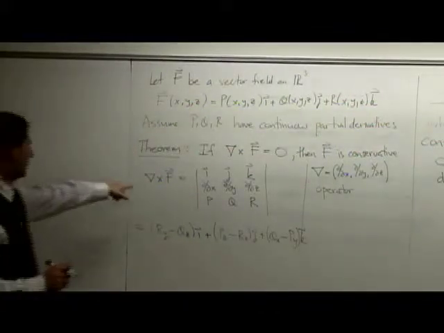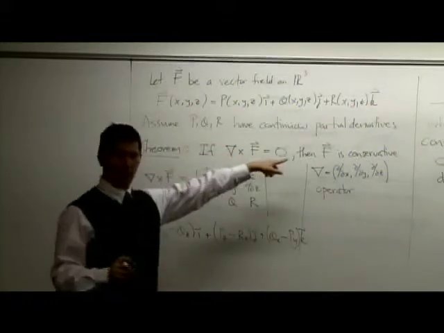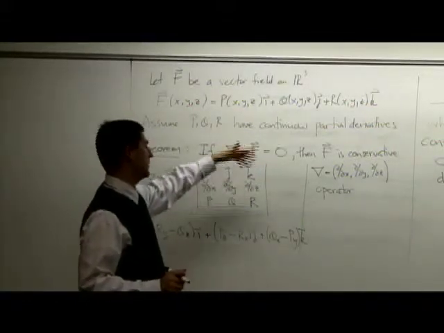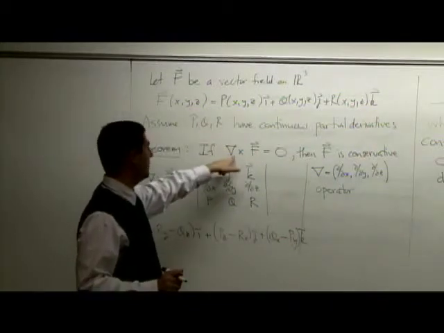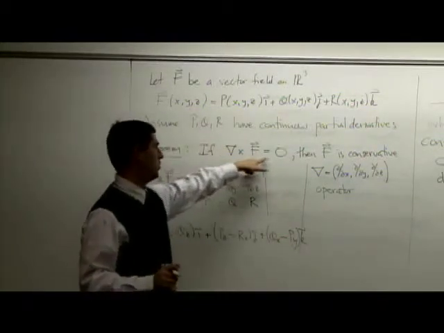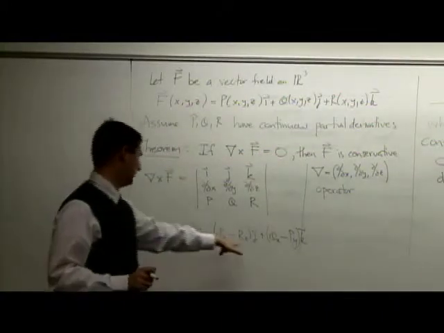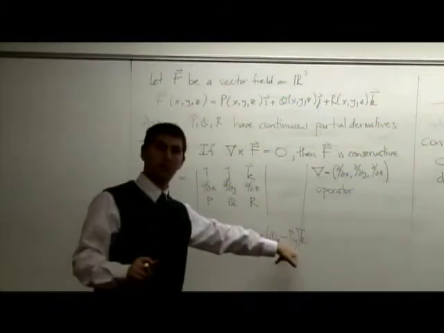So if F is to be conservative, then, well, that's not correct, what I'm saying. If this cross product is 0, which will make F conservative, then that means that all of these components have to be 0.